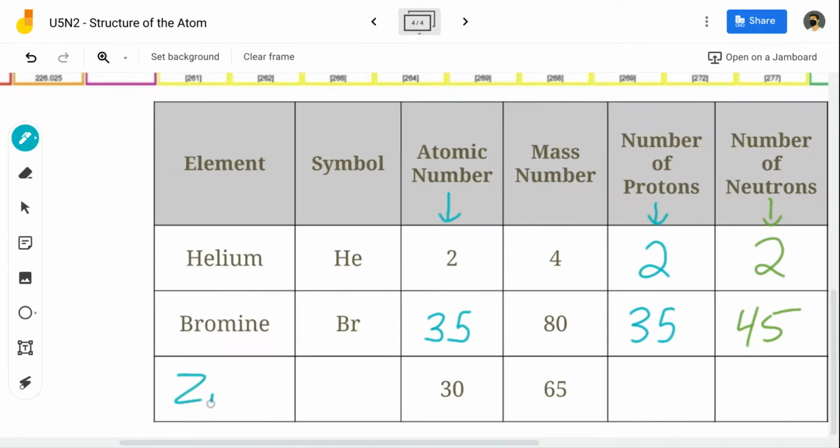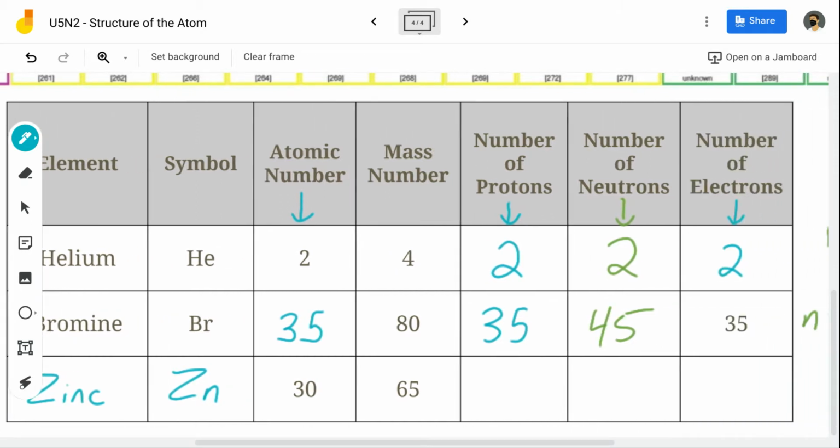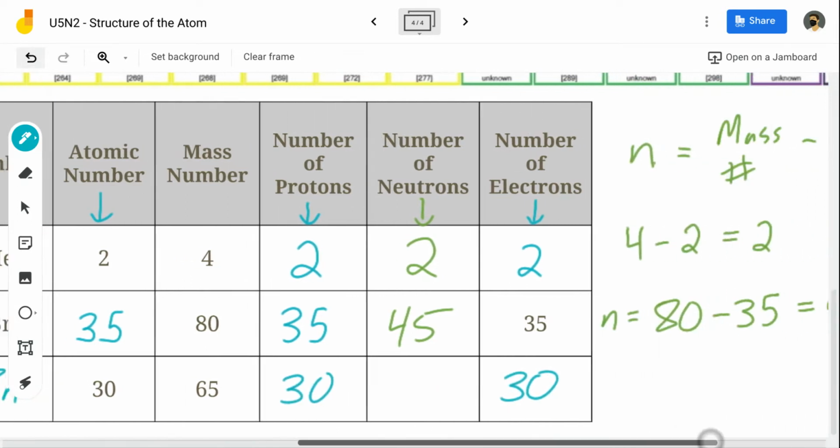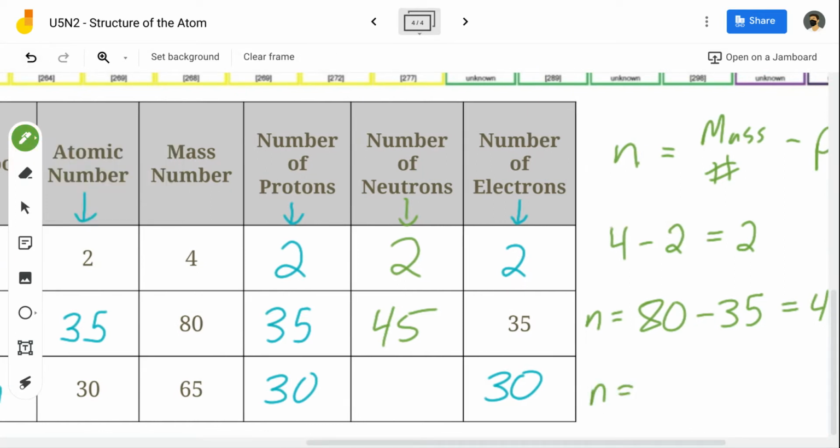So I'll write the name zinc and the symbol, which is Zn. And then we can match the atomic number to the number of protons and the number of electrons. And for the number of neutrons, we're going to take the mass number of 65 minus the number of protons, which is 30, to get 35 neutrons.